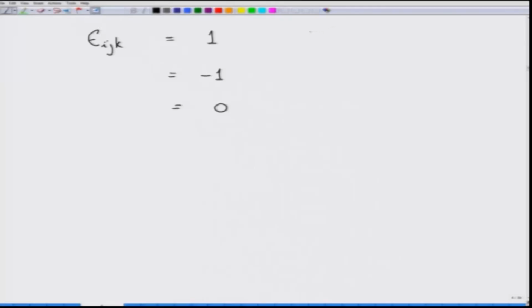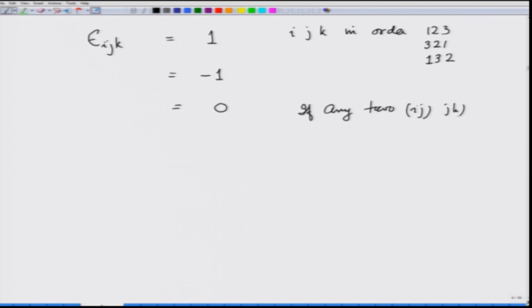So, if I have i, j, k in order 1, 2, 3 or a cyclic order, that means 3, 1, 2 or 2, 3, 1, then it is going to be 1. If it is in the other orders, it is going to be minus 1, and 0 if any two of i, j or k are equal.